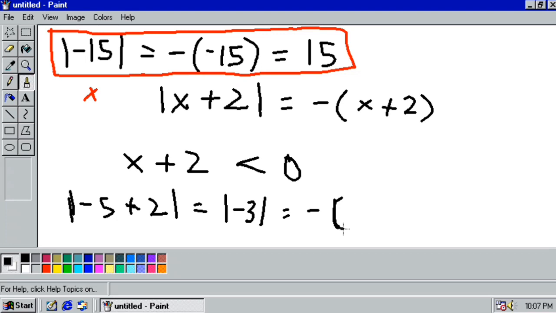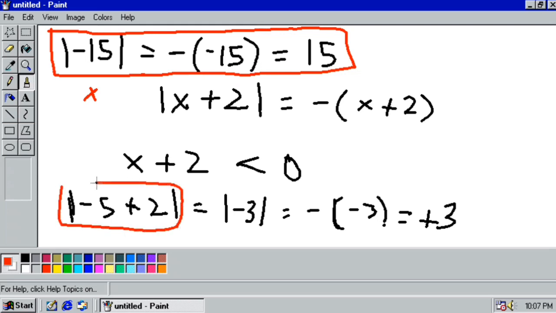We're gonna put negative 3 in the parentheses because that's our x. Now, negative times negative is positive. So, 3 is the answer of this expression. So the answer is 3, positive 3.